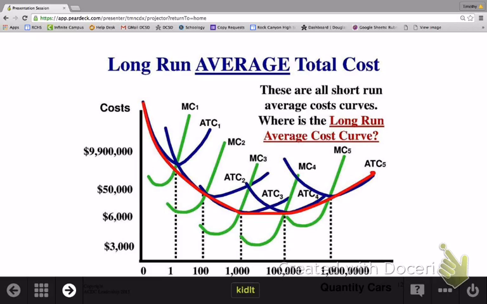And when we draw that red line that is tangent to the minimum of each one of the short-run average total cost curves that make up the family, that becomes the firm's long-run average cost curve. And it will choose where to operate on that curve.